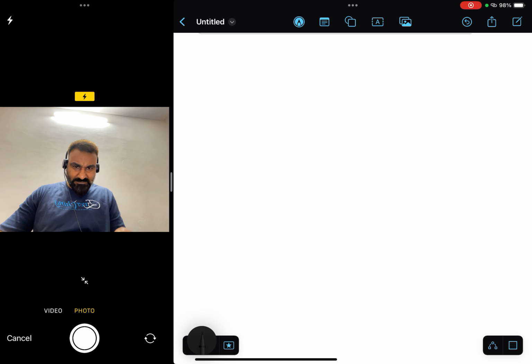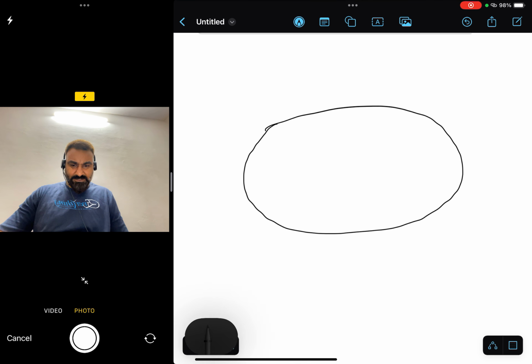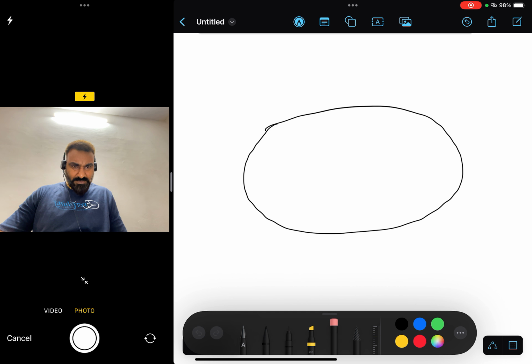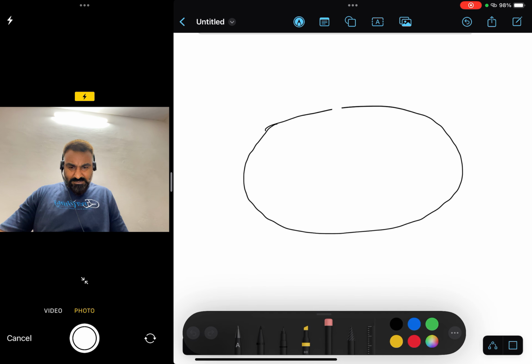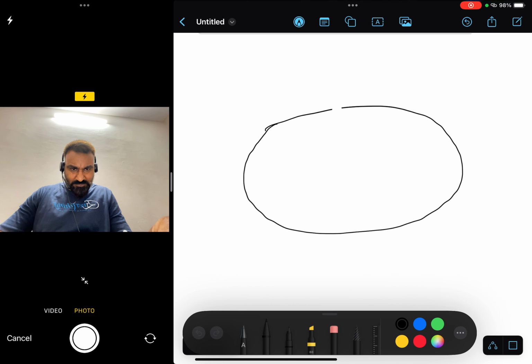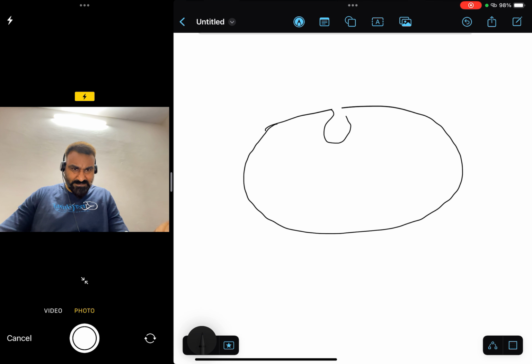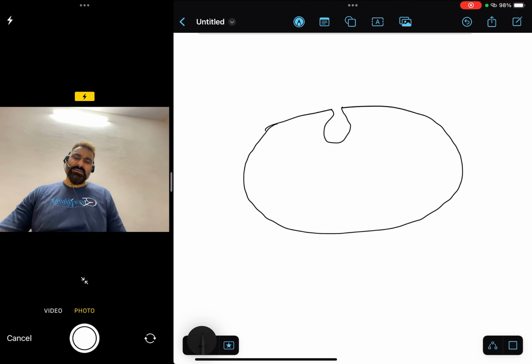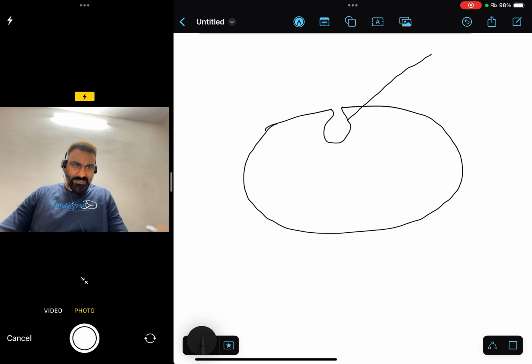So first of all, we see that this is the bacterial cell membrane, and this bacterial cell membrane shows some inward foldings like this, and this structure which folds inside is known as mesosome.